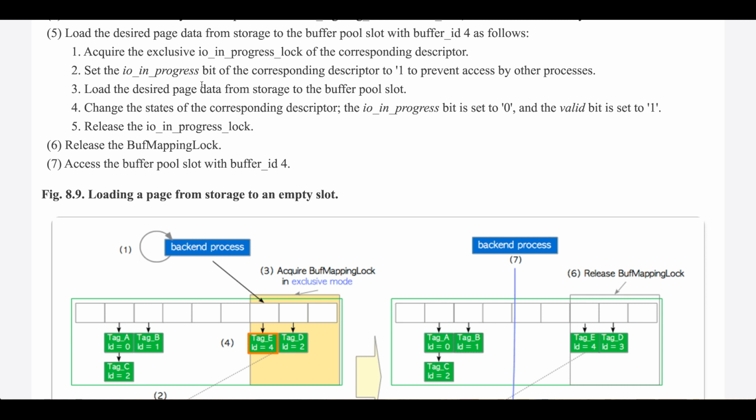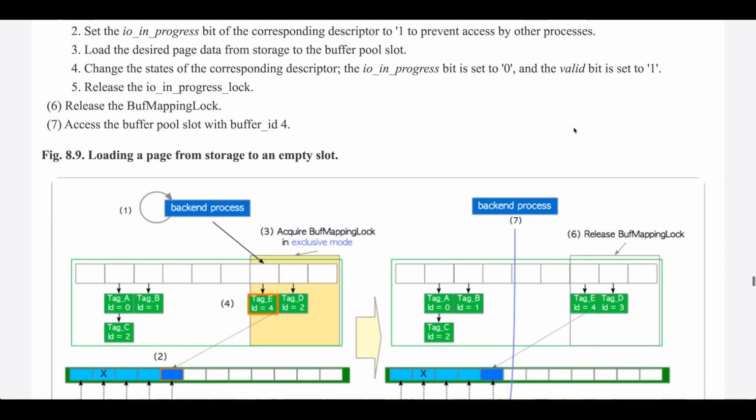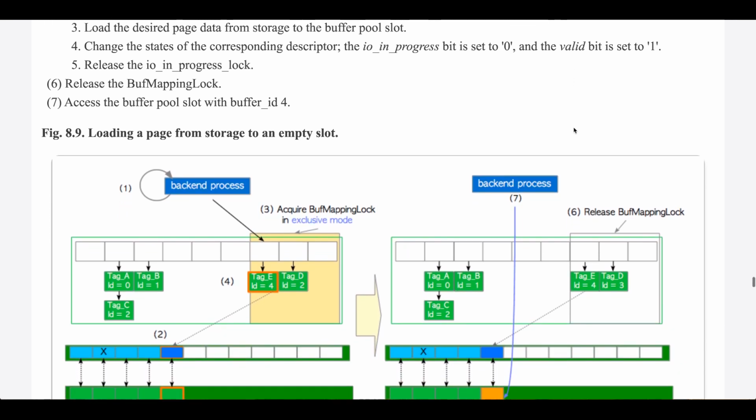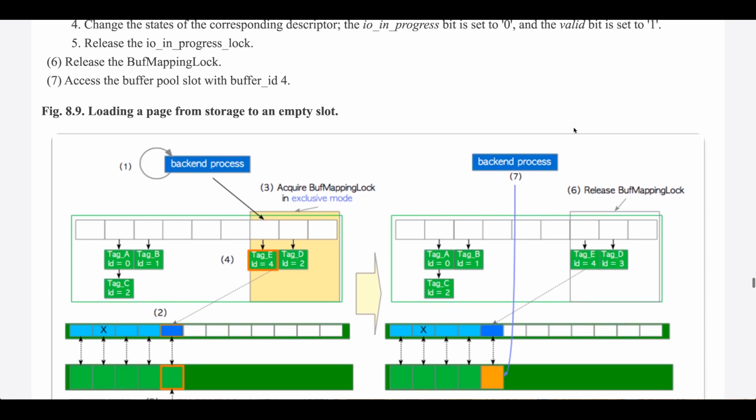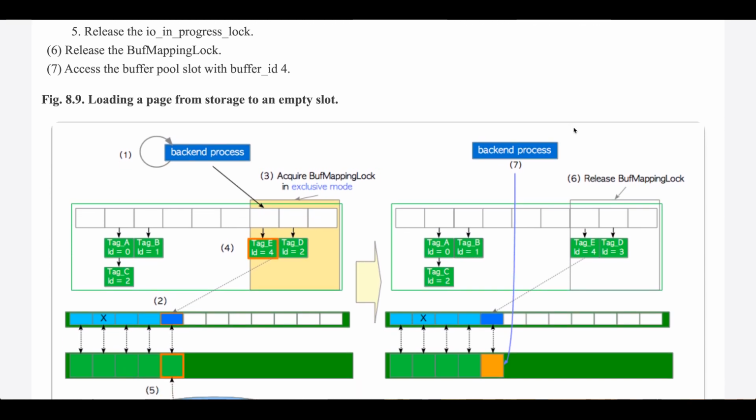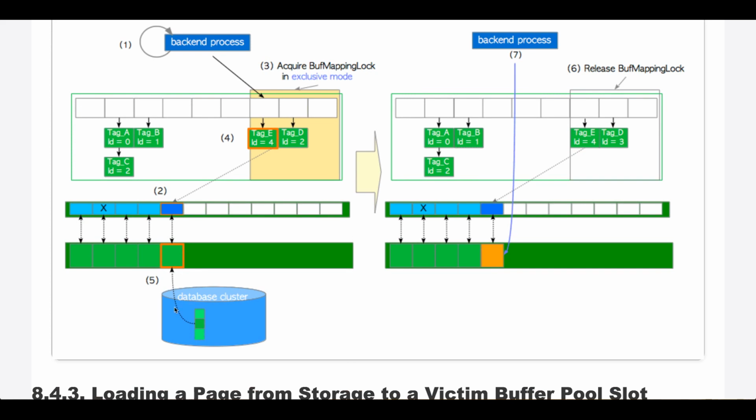Then load the desired page data from storage to the buffer pool slot and change the states of the corresponding descriptor. The IO in progress bit is set to 0 and the valid bit is set to 1. And then release the IO in progress lock.